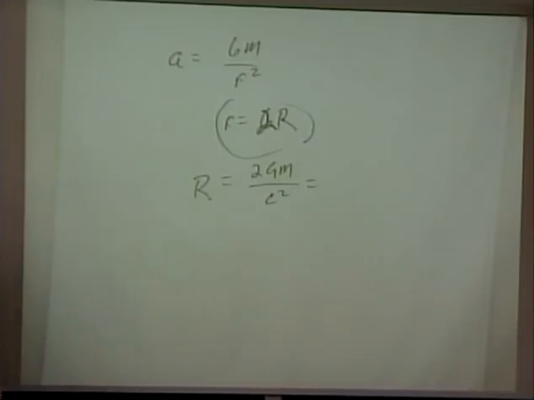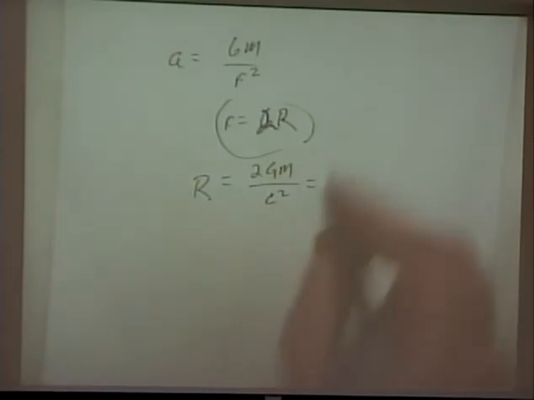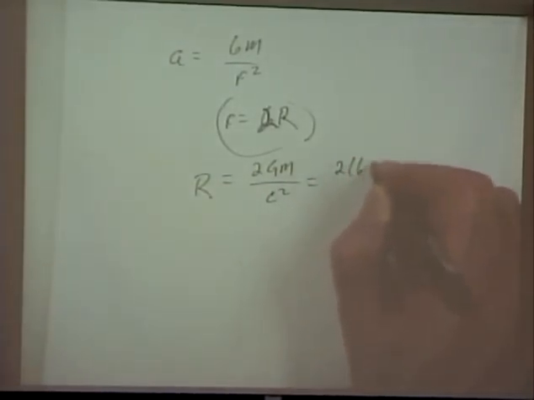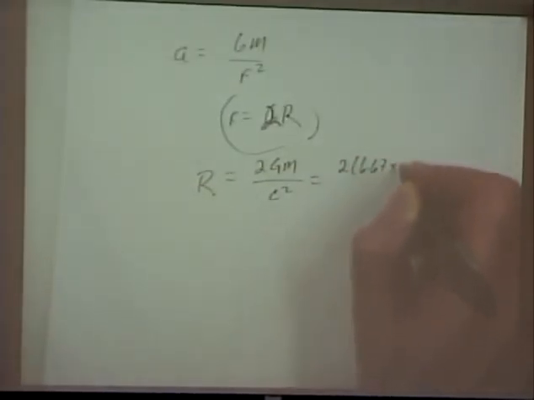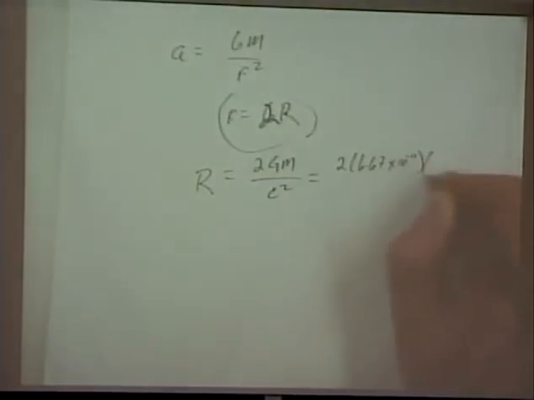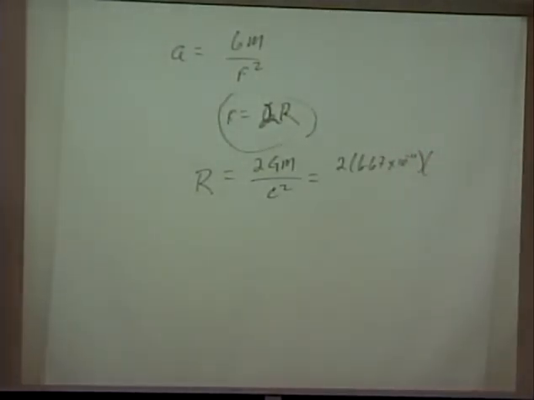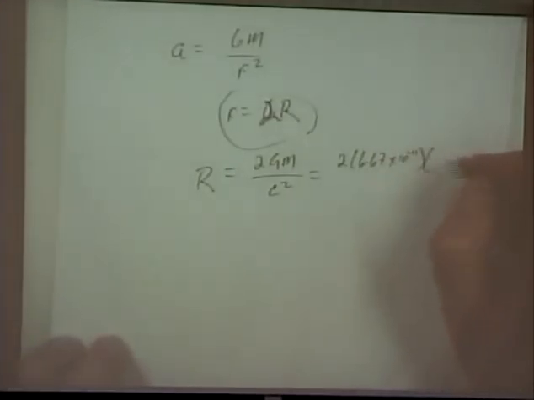So in the first one, we found earlier that this would be 2 times 6.67 times 10 to the negative 11 times, what's the mass of the sun? Or 1.99, some places say 1.98. I just had it be 1.99 times 10 to the 30th kilograms.